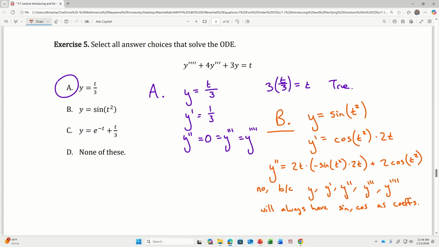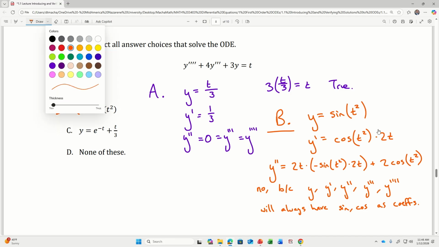So if I take a linear combination like y quadruple prime plus 4 y triple prime plus 3y, it can't ever be equal to just t, because it's always going to have sines and cosines. They're either going to cancel each other out completely to 0, or they're not going to cancel, and then I'll have something with sine and cosine as coefficients. So I can give up on B without having to put in too much time and effort there.